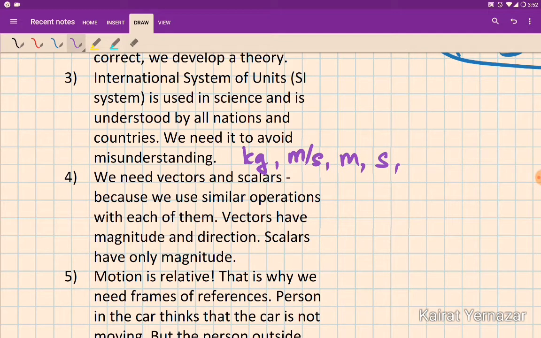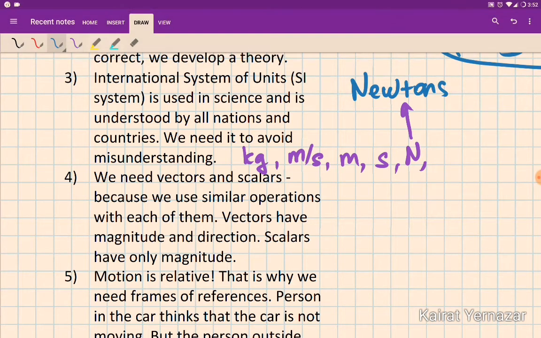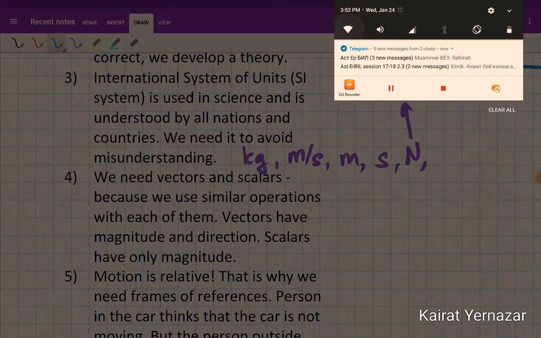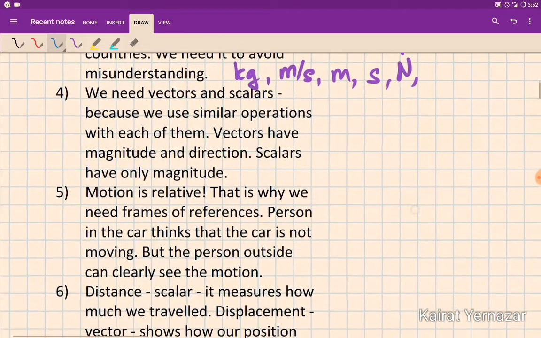For example, force, which we will learn later, is measured in newtons. Okay, next time I'll keep my internet turned off at the very beginning.